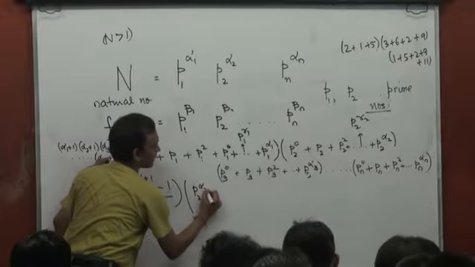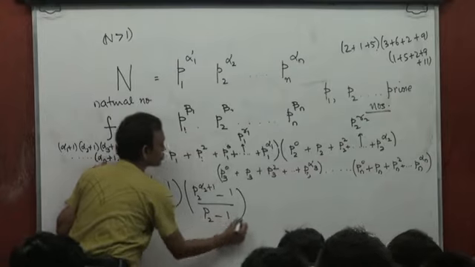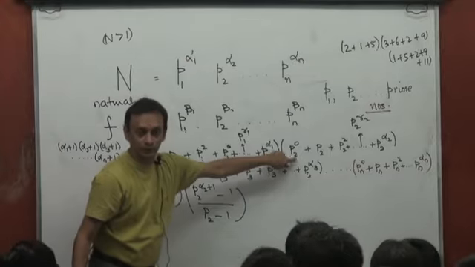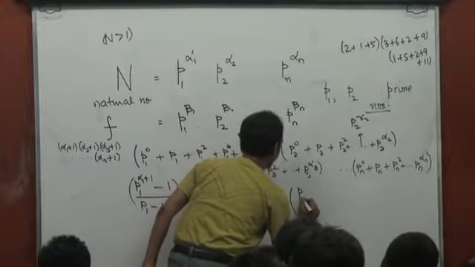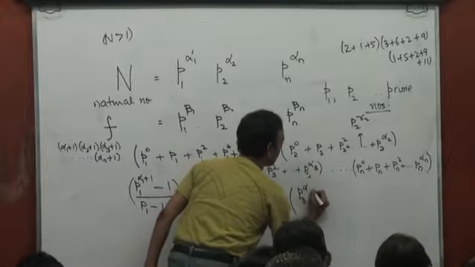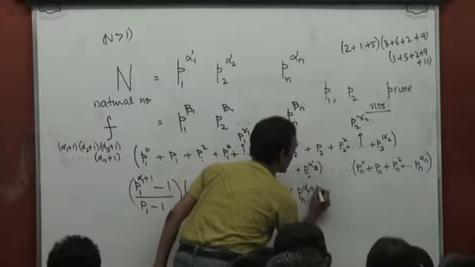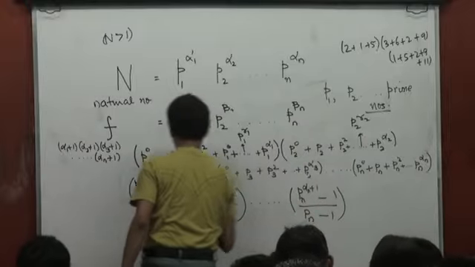P2 to power alpha 2 plus 1 minus 1 by P2 minus 1, common ratio P2, number of terms alpha 2 plus 1, first term 1. Right? Going this way, Pn to power alpha n plus 1 minus 1 divided by Pn minus 1. What would this give me?